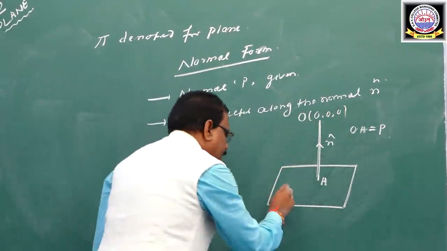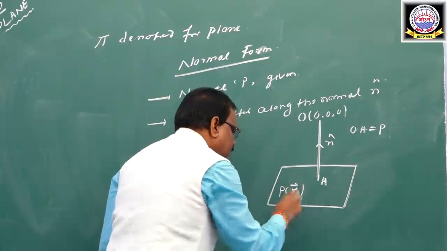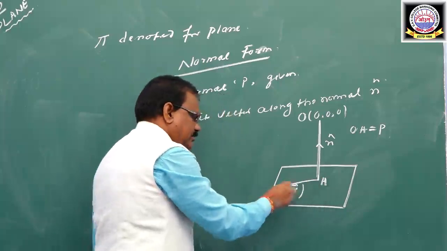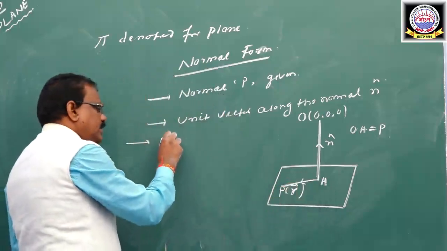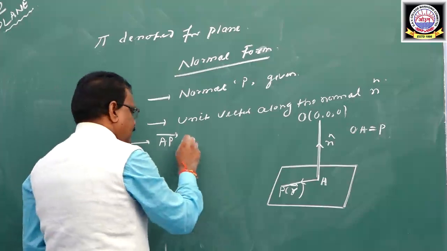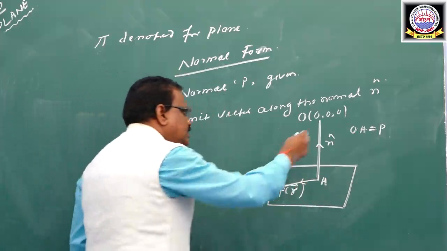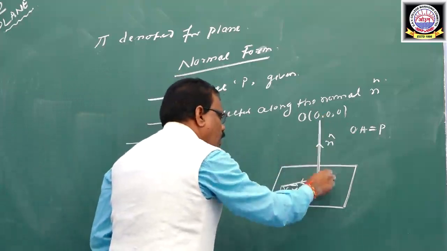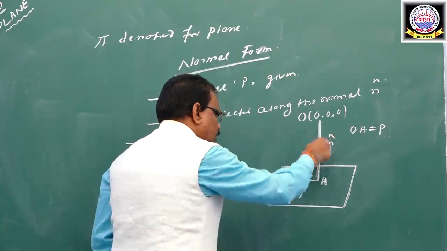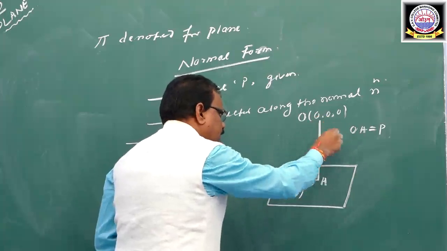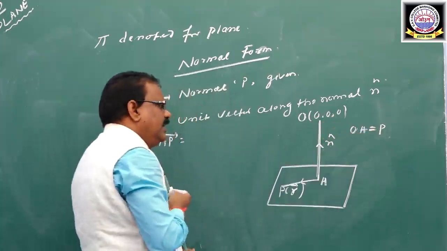And be sure one locus point P is there, permanent. Now again you join this one, and the AP vector comes out. Now see the OA vector or AO vector. The distance is P and the direction is n cap.